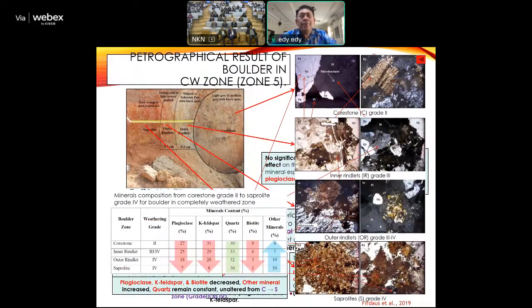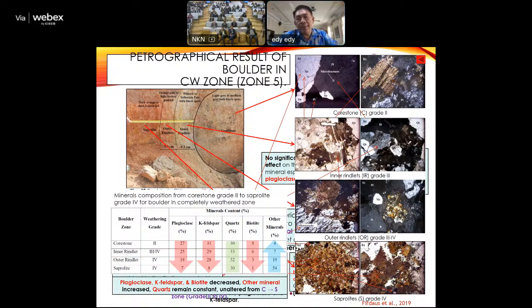Okay, here are the changes in terms of the different weathering states of the granites, where on the right-hand side you can see the top part, that is grade 2, that is slightly weathered minerals.